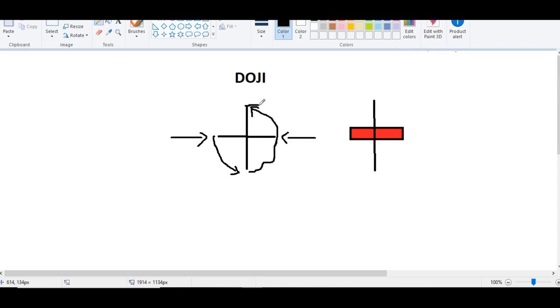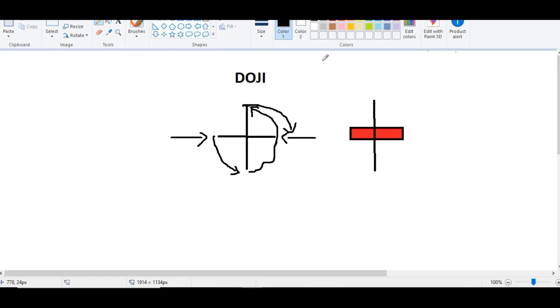Now what happens here again? Sellers come in and take price lower and close the price here, right? So you can see that there's a tug of war going on between the buyers and the sellers. There's an indecision going on. They're basically in a battle, trying to win, but in the end, nobody has come out a winner.